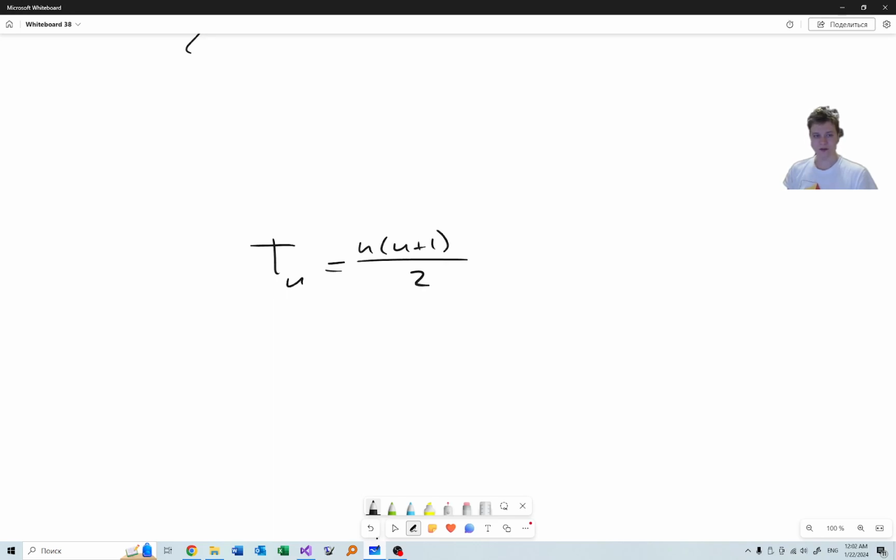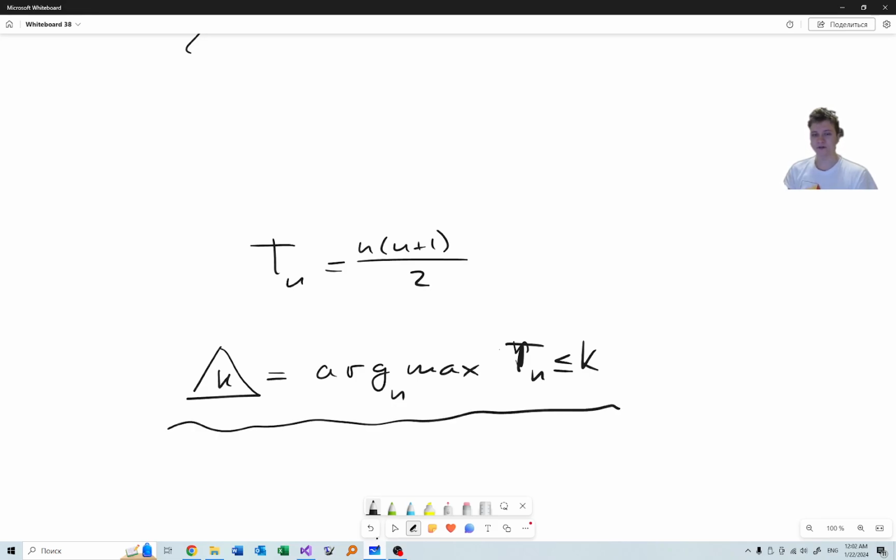So what I want here is: the triangle root of k is the maximum number n such that, it's argmax n such that t_n is at most k. So this is what I call triangular root.